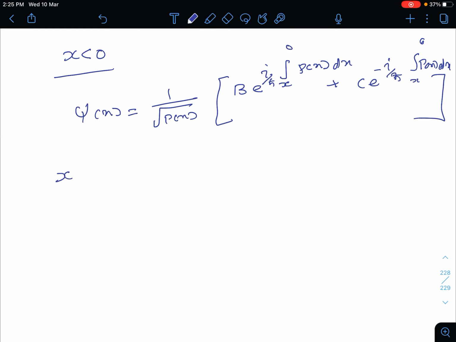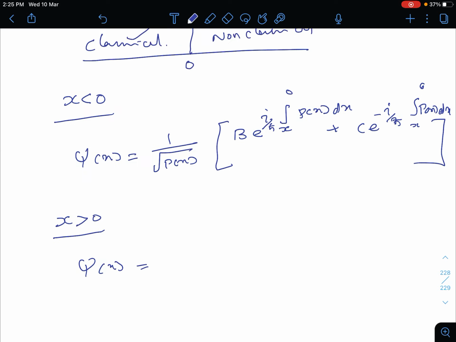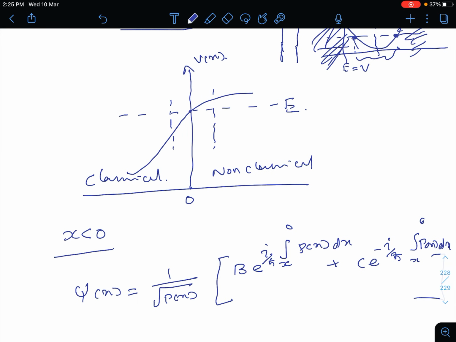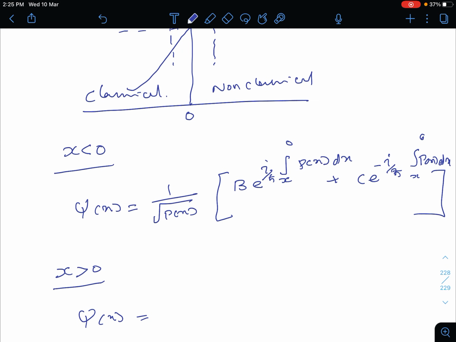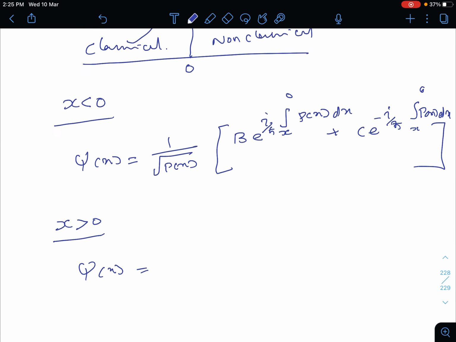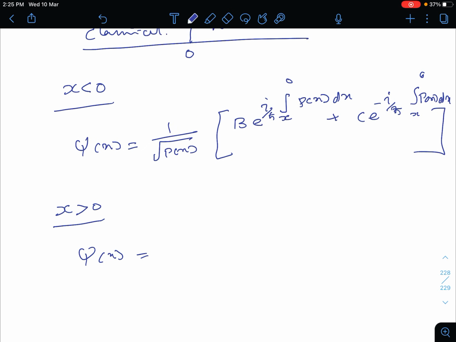Now for x greater than 0, the wave function is an exponential function. Clear? And it's a decreasing exponential, you can see from here. That is 1 by root of mod p of x, since p of x is complex we take the mod of it, d e raised to minus 1 by h cross integral 0 to x mod p of x dx.